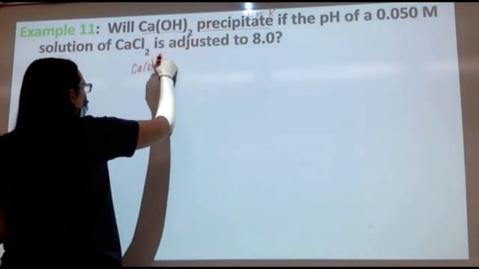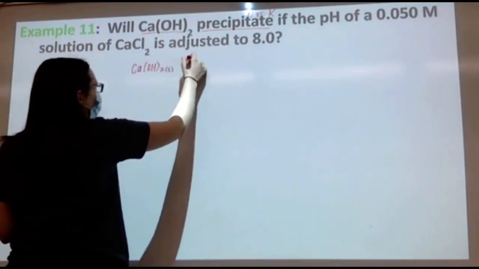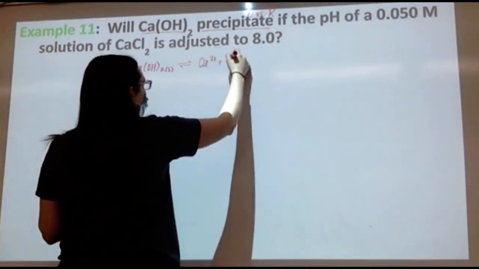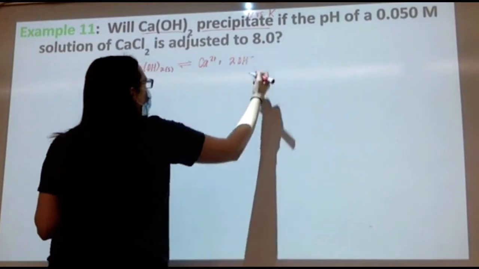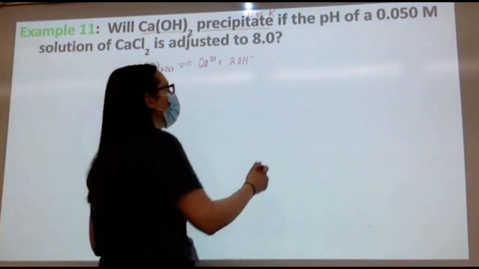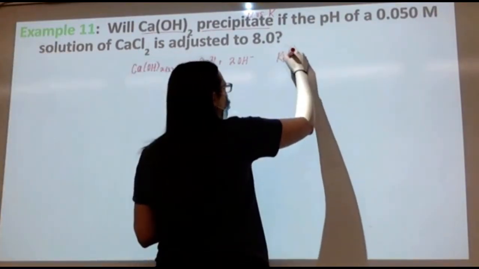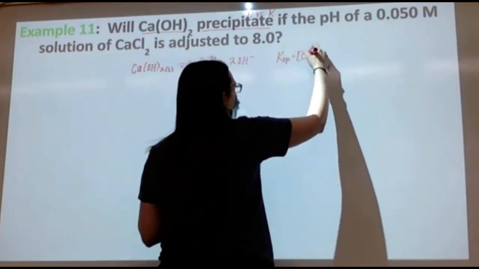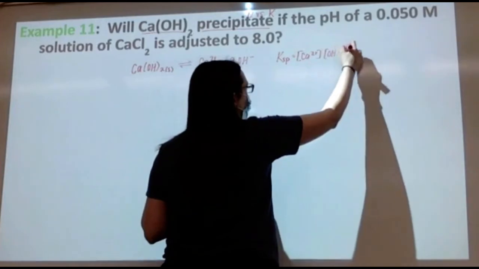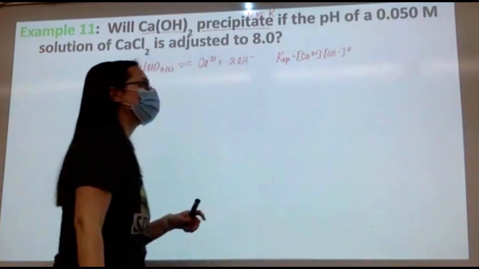So I'm just going to go ahead and write my equilibrium. I'll worry about the math after. So I'm writing the equilibrium of the solid that it's asking me about. Will calcium hydroxide precipitate? And the Ksp expression, Ca2+ times OH- squared.